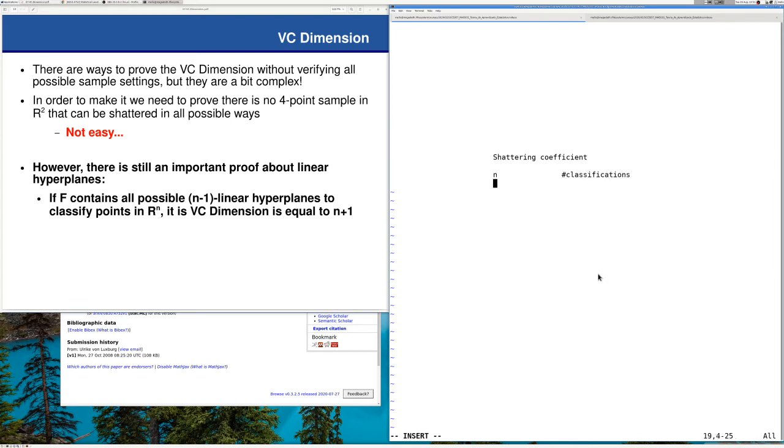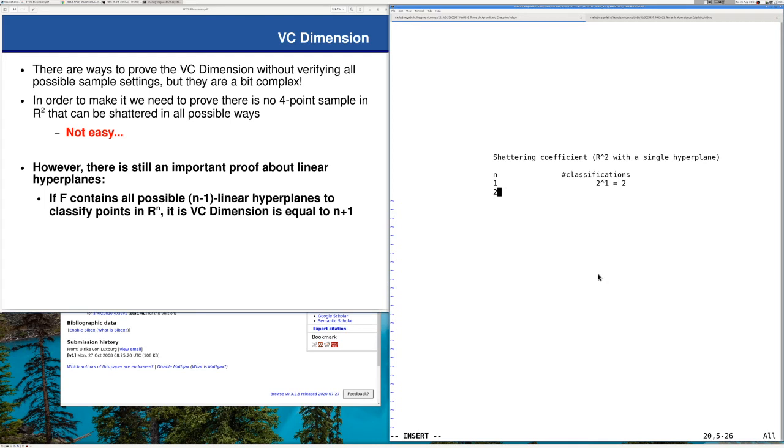If I have a single hyperplane in 2 dimensions, in a space R2, then for a single point I can come up with 2 to the power of 1, so 2 classifications.